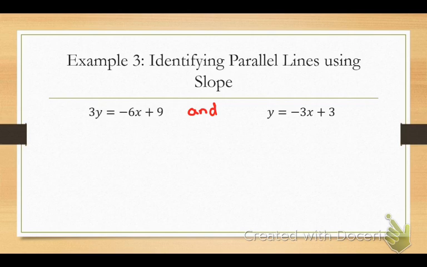Go ahead and write those 2 down. We're almost done. Just got a couple minutes left. Are these 2 equations both in slope-intercept form currently? No, they are not. While my slopes look like they're probably different here, that tells me nothing because they're not both in slope-intercept form yet.